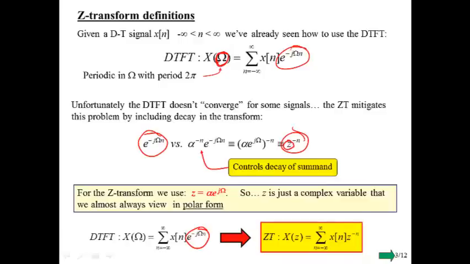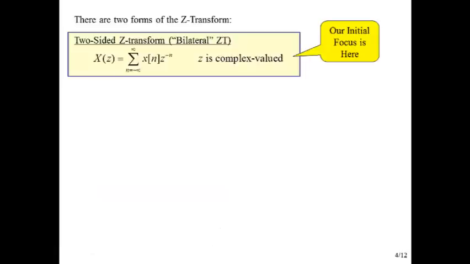And this sum still won't converge for some z values, but you give me a real-world signal, and there's going to be a set of z values for which I can make this sum converge. And so then we just limit ourselves to looking at that particular set of z values, and we don't really have to worry about the others. And we'll give a name to that set of z values in just a little bit.